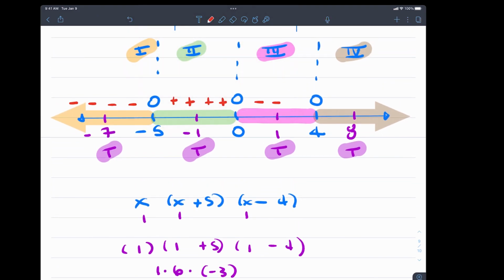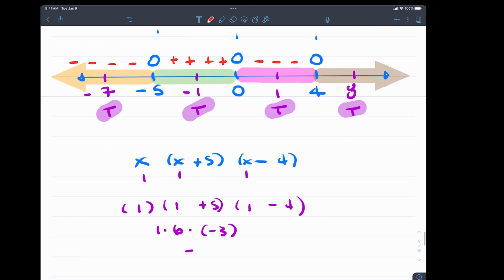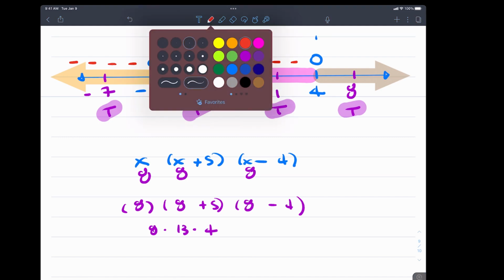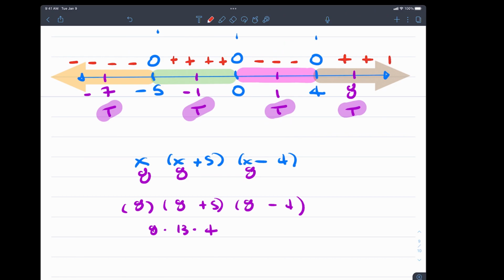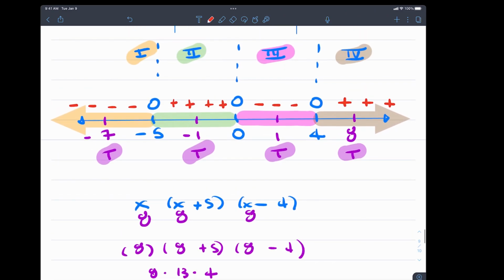Good job. Last region is what? This number is 8. We get 8, 13, 8 minus 4 is 4. Positive times a positive times a positive gives you a nice positive. Here you go.